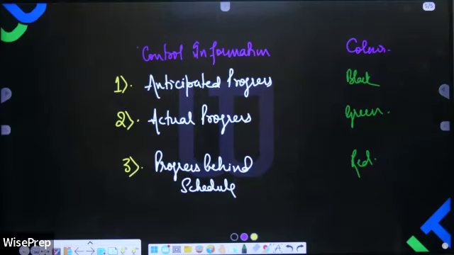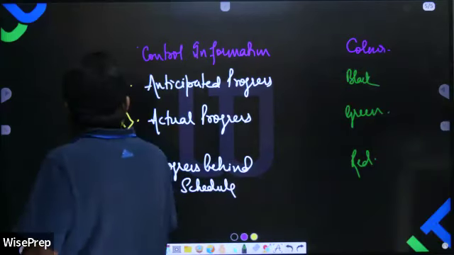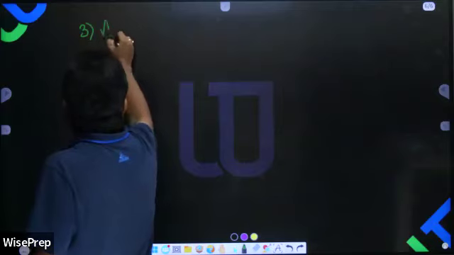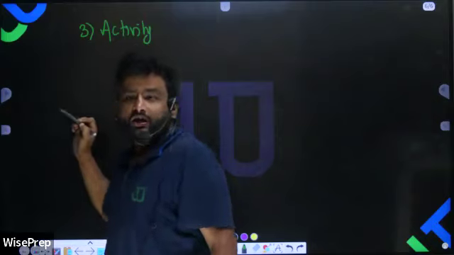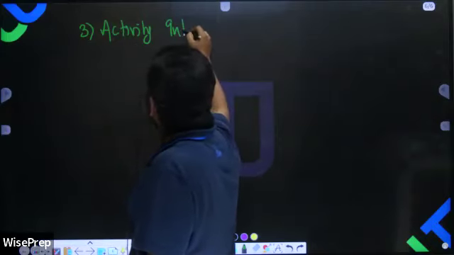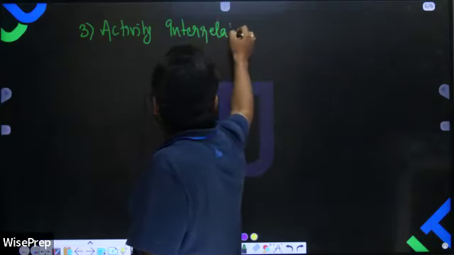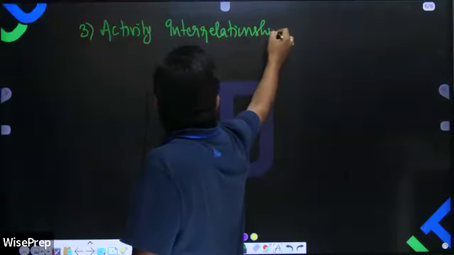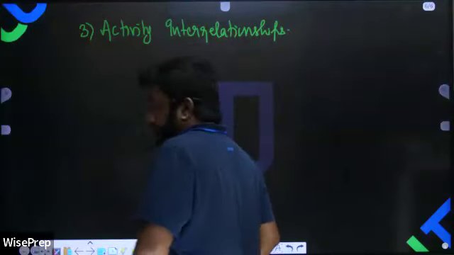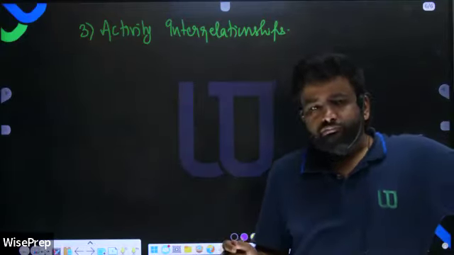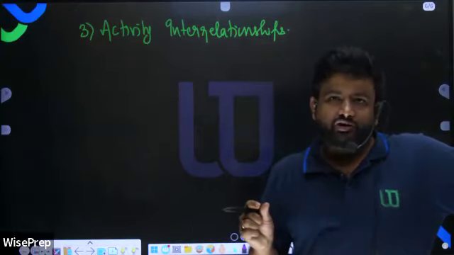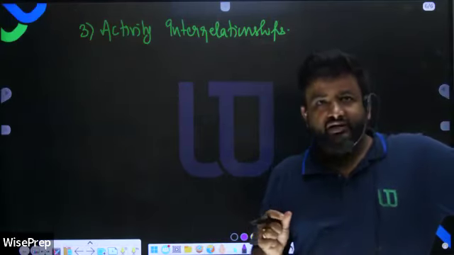Third limitation is activity interrelationships. What is activity interrelationship? It does not show any interdependencies and relationship between various activities of the project.